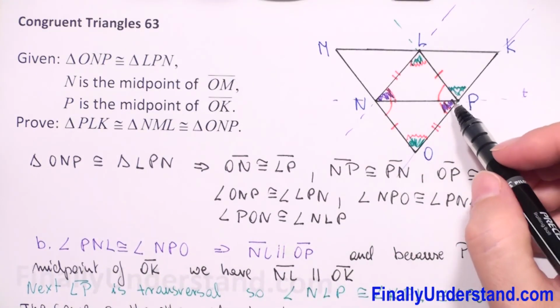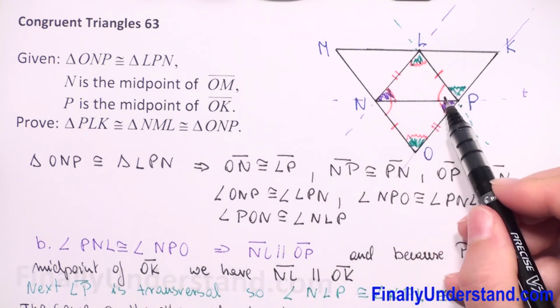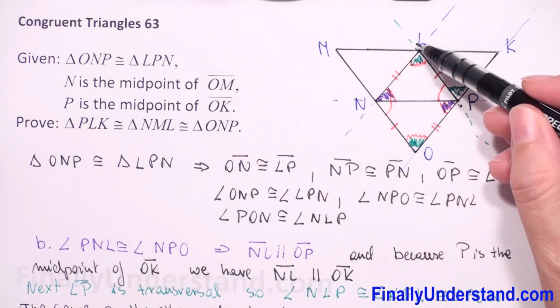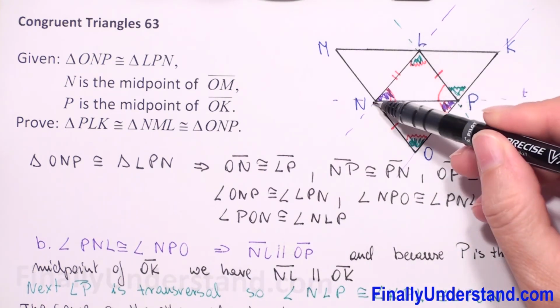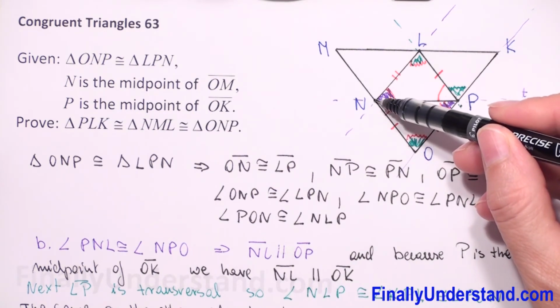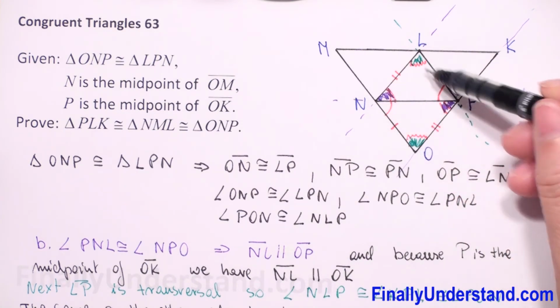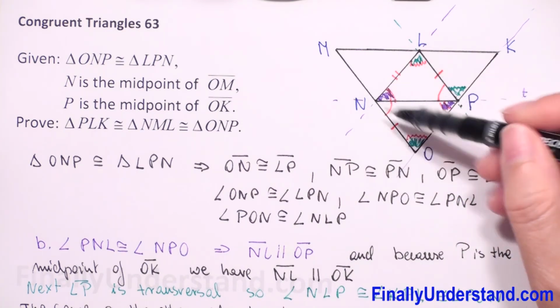LP, we have another two alternate interior angles which are congruent. So it means that LP is parallel to OM, and because N is the midpoint of OM, we can write that LP is parallel to OM.